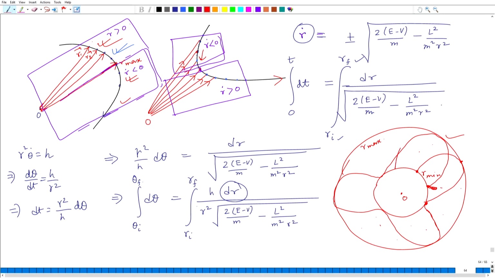On the other hand, if a particle starts from this and goes like this, somehow doing like this and finally does this, then at least one thing I know, even if I do not know the equation of the trajectory, is that the particle has a closed trajectory.